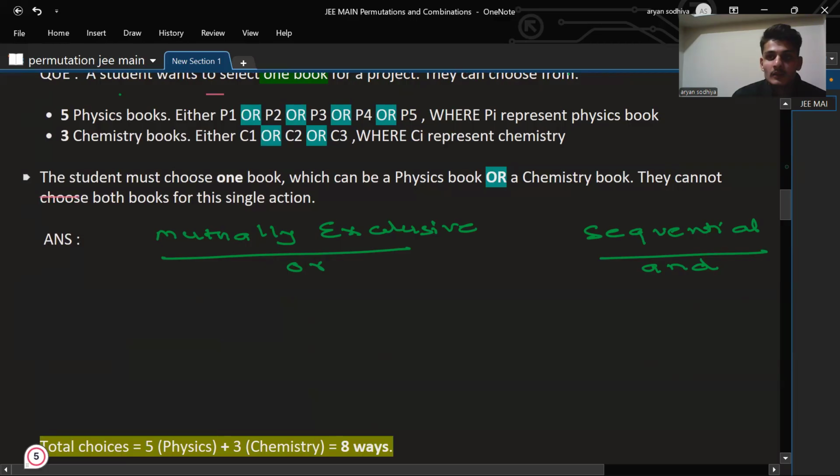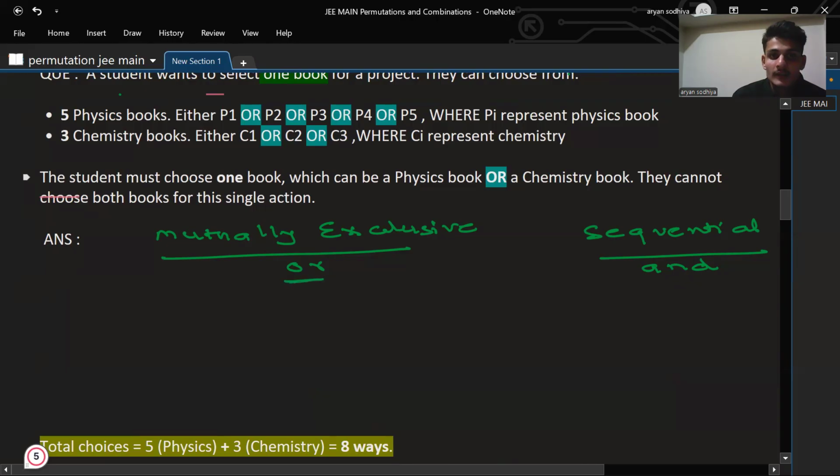In this question, if I have 8 books, 5 of physics and 3 of chemistry, and I need to select one, I will always say literal terms: either P1 or P2 or P3 or P4 or P5 or C1 or C2 or C3. And as many times as I'm using the "or", those are the ways of selecting one book.